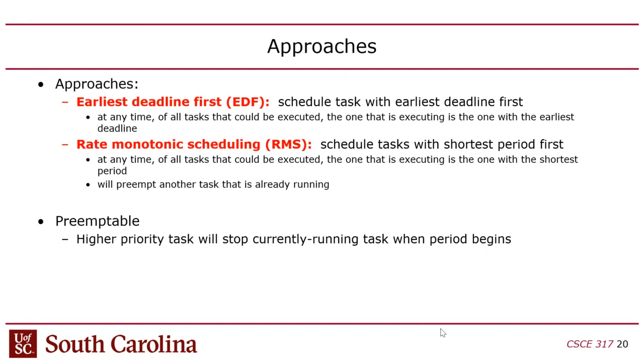The problem is that whatever that quantum is becomes the granularity for reevaluating priorities in an EDF scheduler. Unless that quantum is very small and you reevaluate priorities at a very fast rate, you may end up missing something, right? You may end up being too late to notice a task has become available that has higher priority than the task that's running. And the problem with turning the quantum down is that if you turn it down too low, you end up spending all your time inside the scheduler, inside the operating system, as opposed to actually running the task.